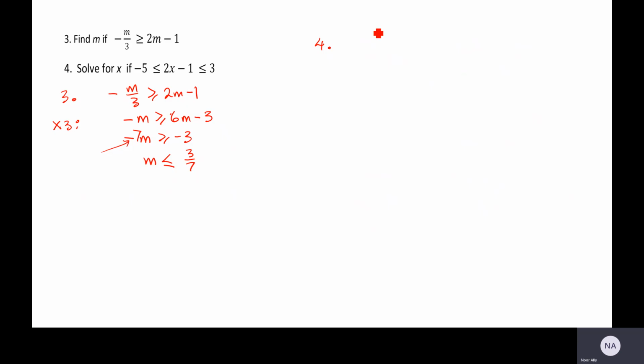A double inequality. Well, you could call it by any other name, but I'm just going to call it double inequality. In other words, we have a case where 2x minus 1, for instance, is greater than a particular number and less than some other number, and we want to solve for x.